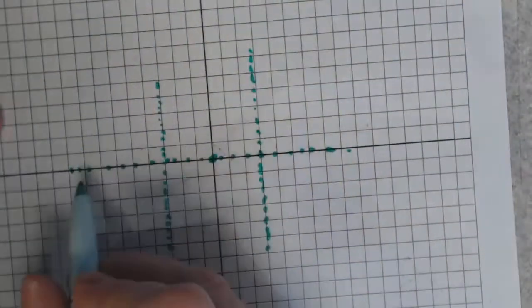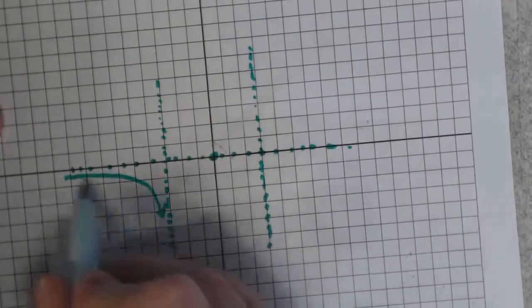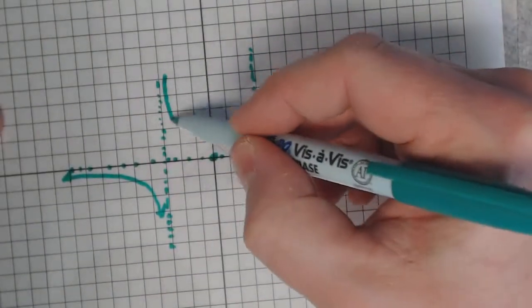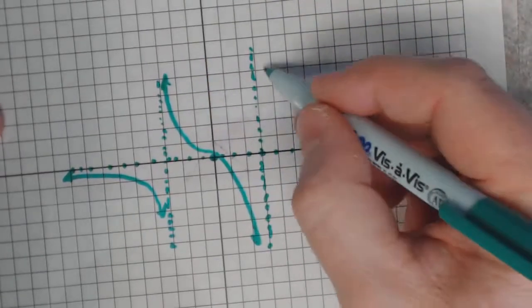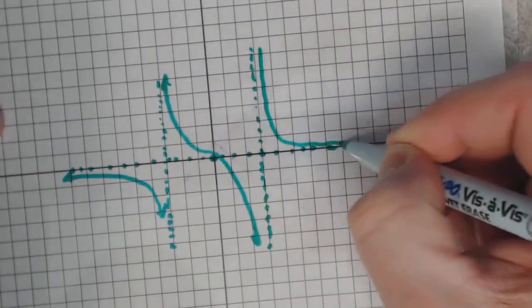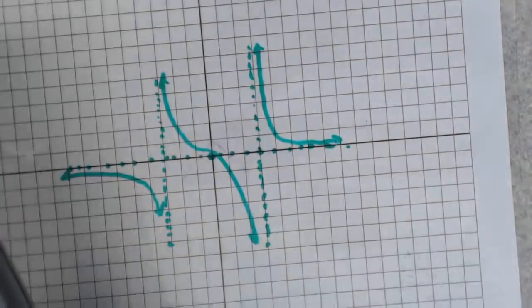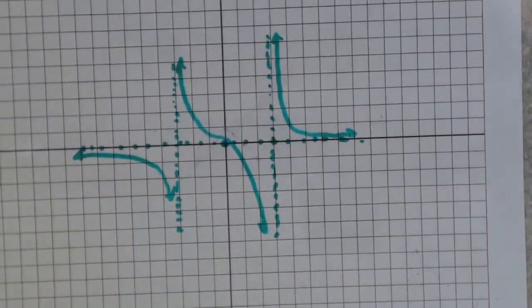So it looks to me like the graph is coming in like this. It swoops down like so, and then it is on top again. Okay, that's part B. Part C.